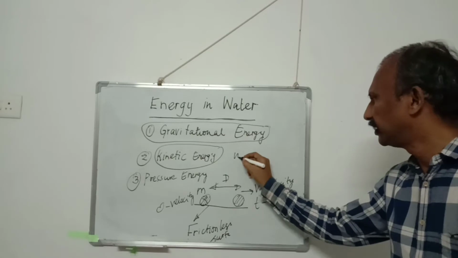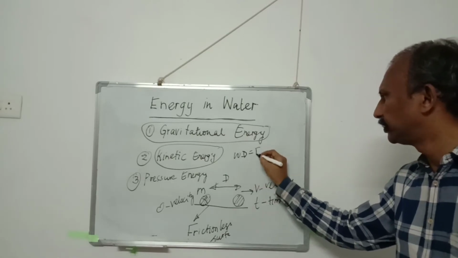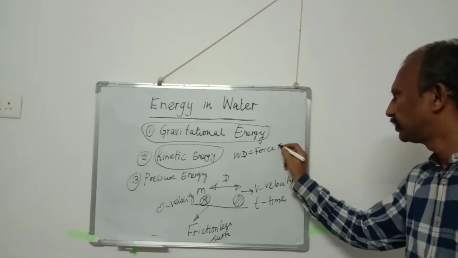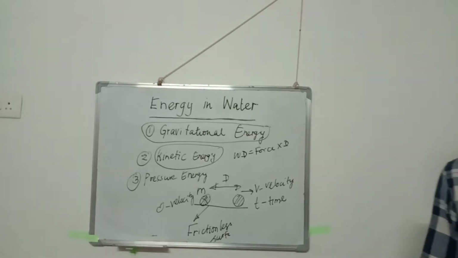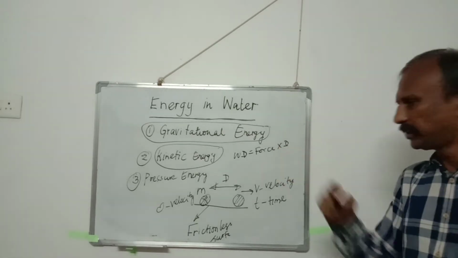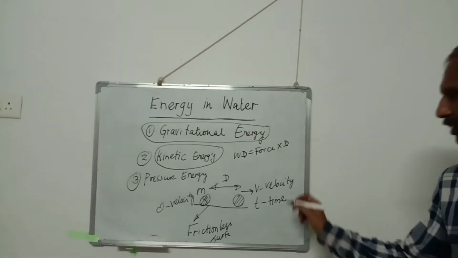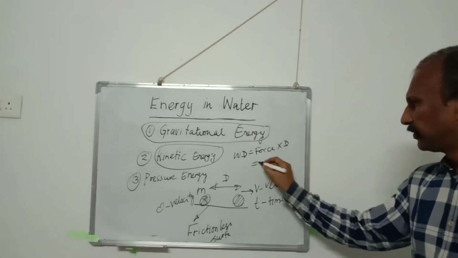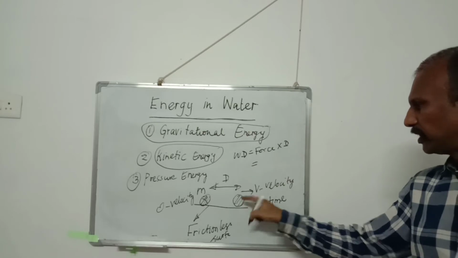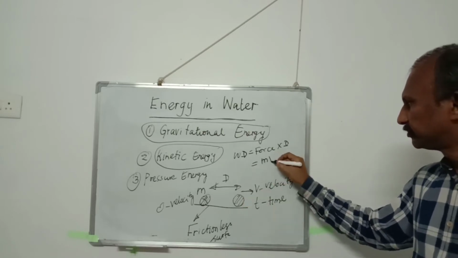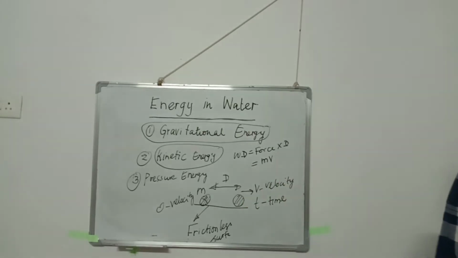Work done is again force into distance, and force, we know, is the rate of change of momentum. Final momentum is mass into velocity, that is mv.